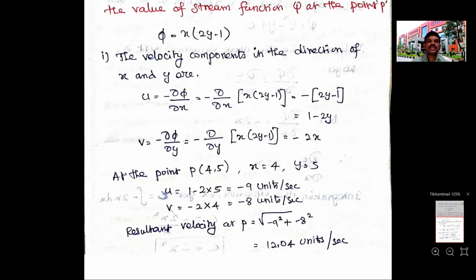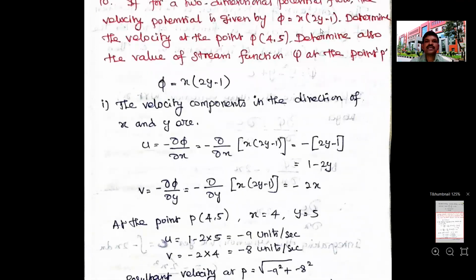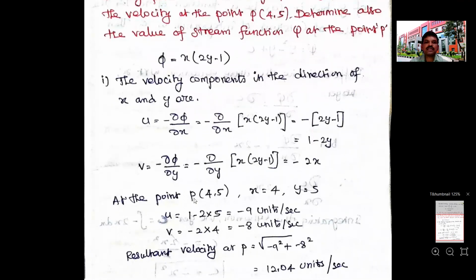Next, what they are asking is to determine the velocity at the point 4 comma 5. Here the x value and y value are given: x equal to 4 and y equal to 5. For the u term, the velocity component, we have the final equation 1 minus 2y. Substitute y equal to 5: 1 minus 2 into 5, which is equal to minus 9 units per second.